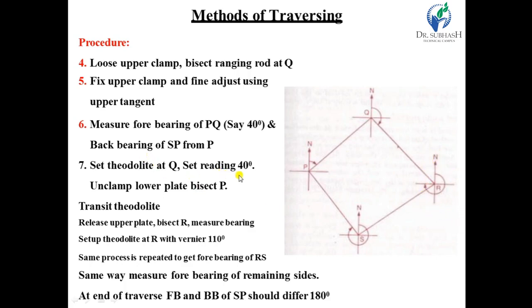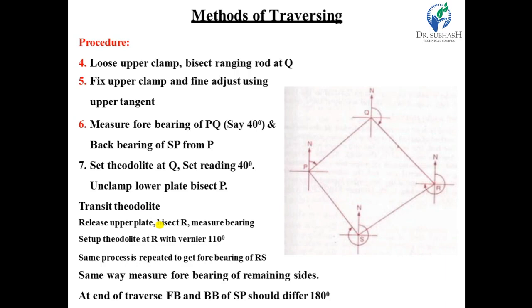Set the theodolite at Q. Set the reading to 40 degrees. Unclamp the lower plate and bisect P. Transit the theodolite, release the upper plate, bisect R and measure the bearing.